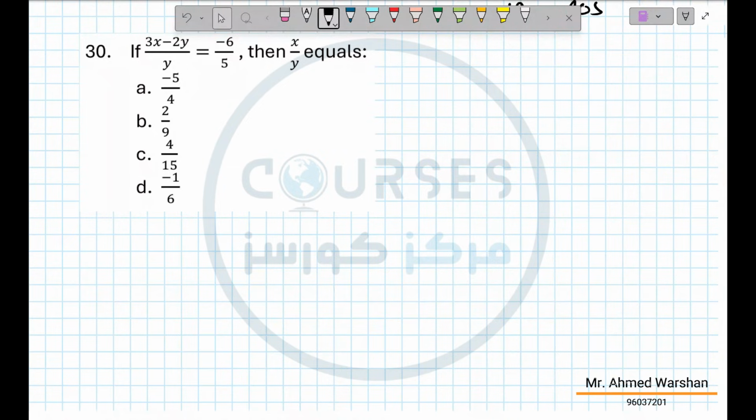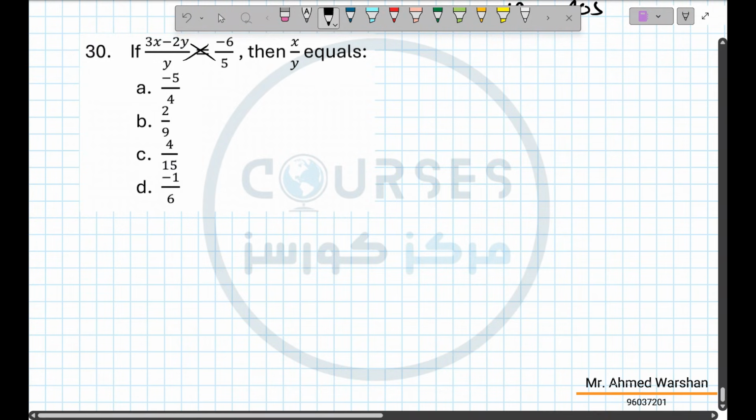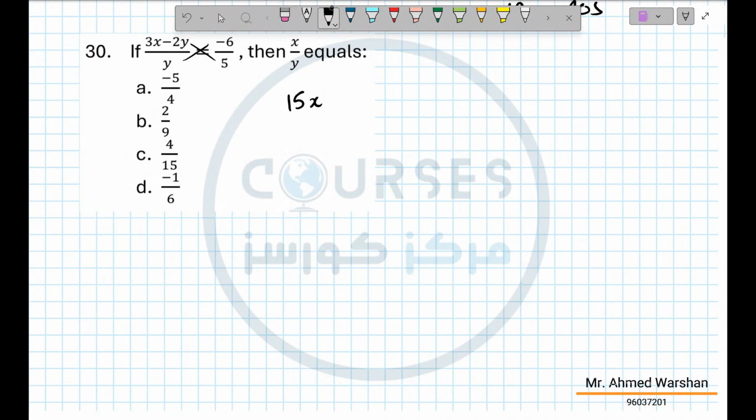If 3x minus 2y over y equals negative 6 over 5, then x over y equals? So clearly you need to cross multiply. 3x times 5, that's 15x. Negative 2y times 5, that's negative 10y, equals negative 6 times y, that's negative 6y. You have 1 x, but you have 2 y's, so you have to bring these y's together. So plus 10y on both sides, you end up with 15x equals 4y.